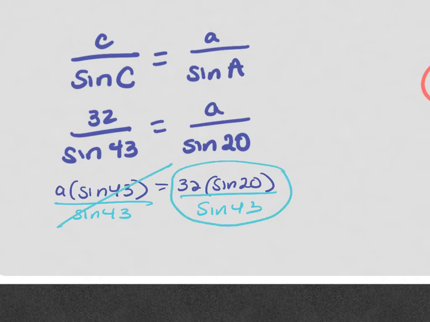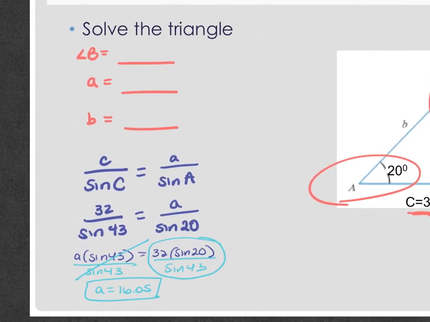So I'm going to type this whole thing in my calculator: 32 times the sine of 20, close the parentheses, divided by sine of 43. Almost all of these will tell you to round to 2 decimal places, so that's what we'll do. So that's side a, 16.05.